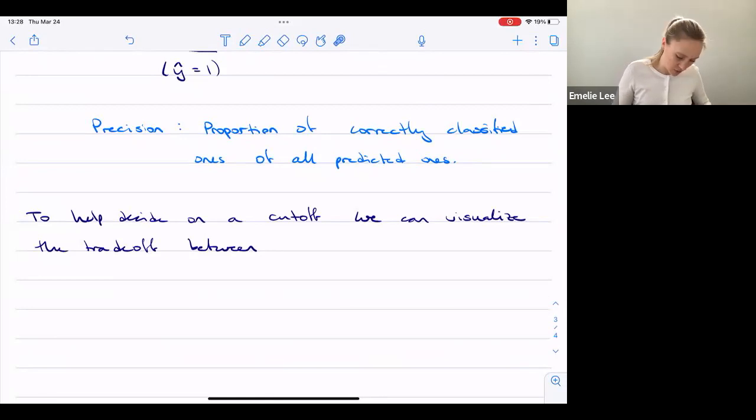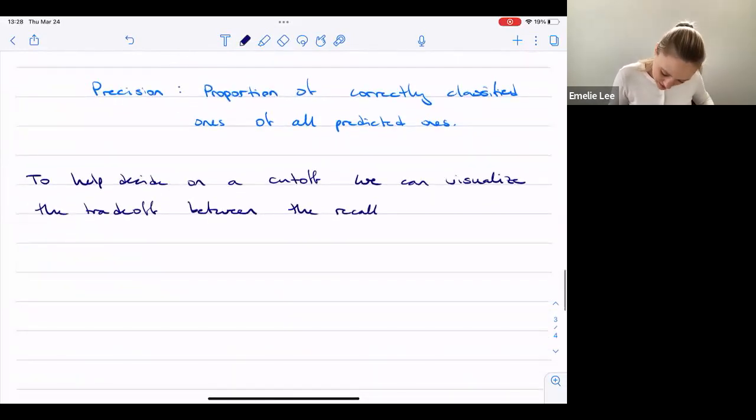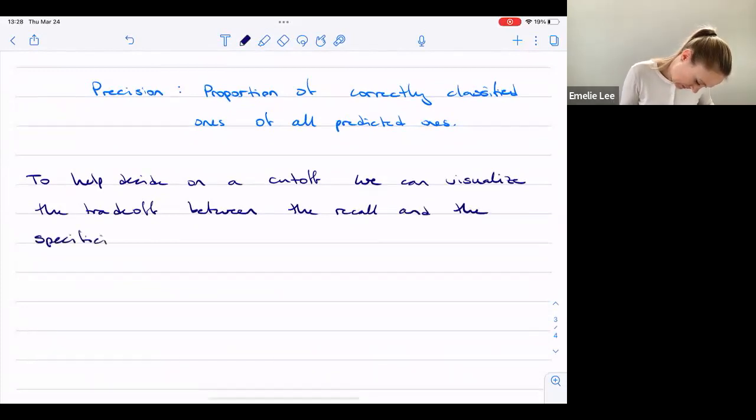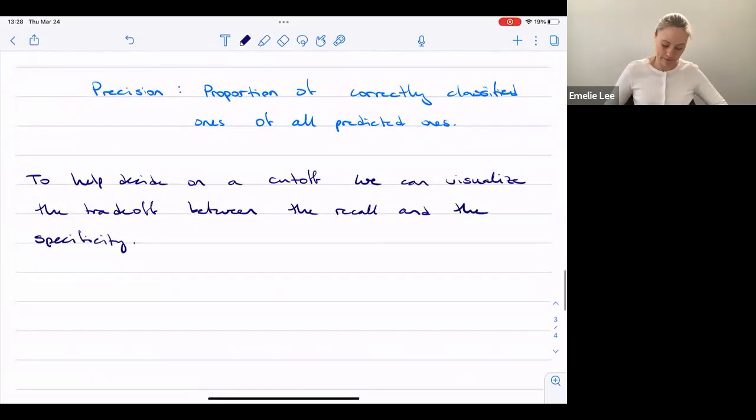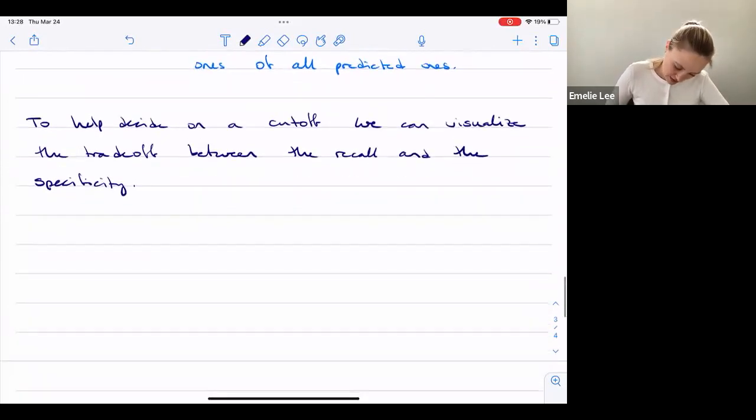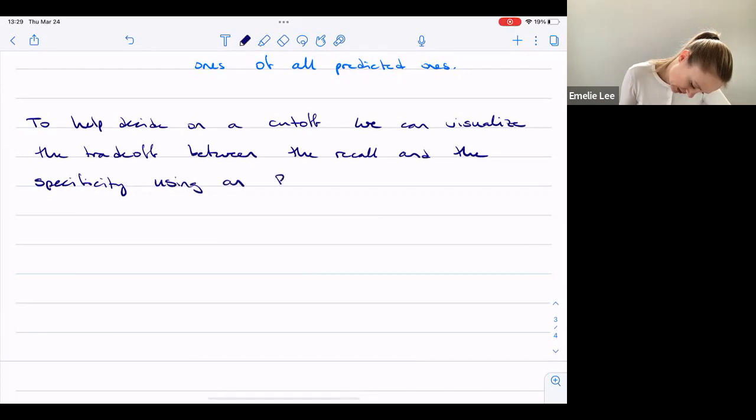So the trade-off between the recall and the specificity, using, and maybe I should give it a name, using an ROC curve. Using an ROC, which is the receiver operating characteristic.